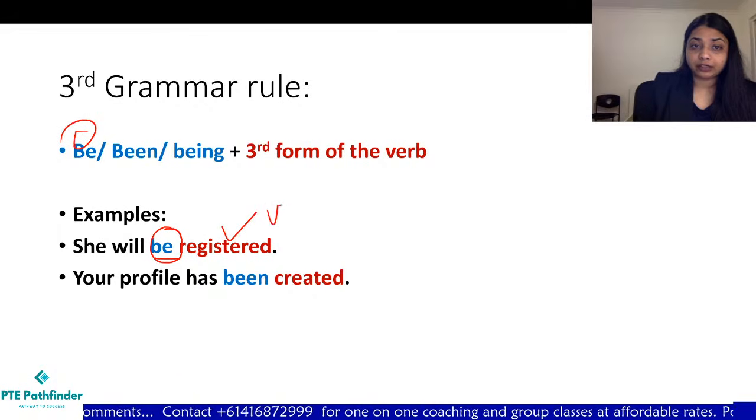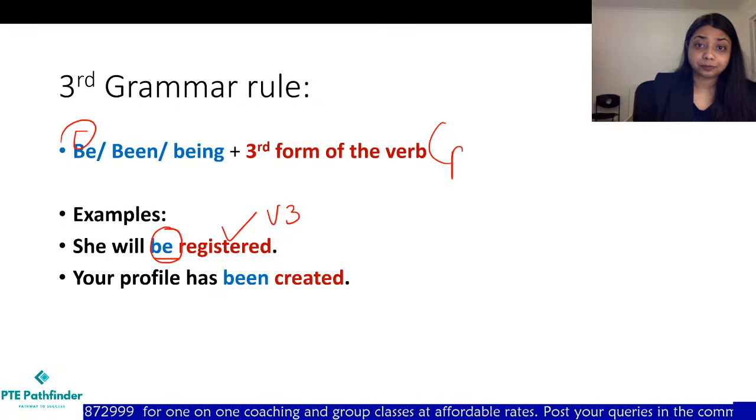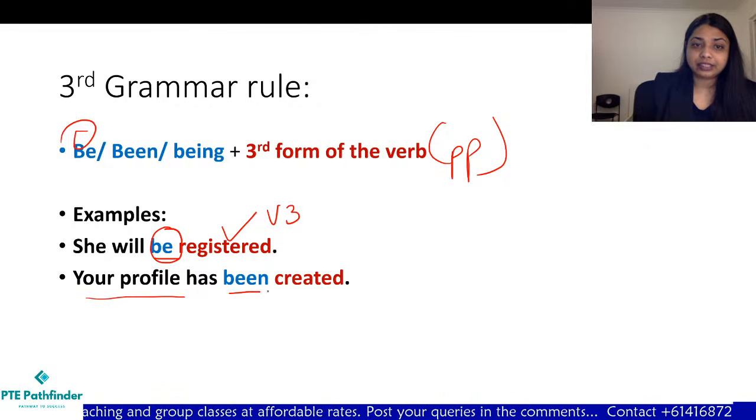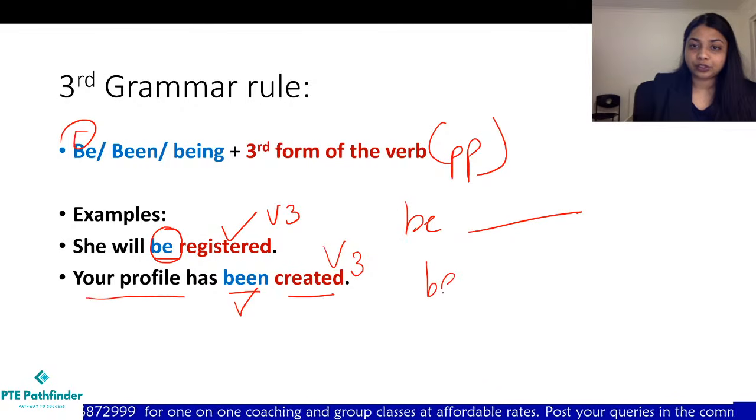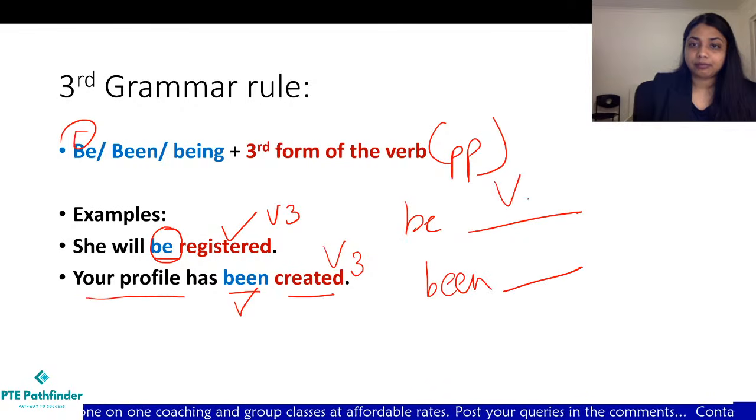And it's followed by the V3 here as well, that is, the past participle. Then, your profile has been created. Again, the helping verb is been and created is the V3 here. So if you get a blank after the word be, for example, or after the word been, most probably it is verb 3.